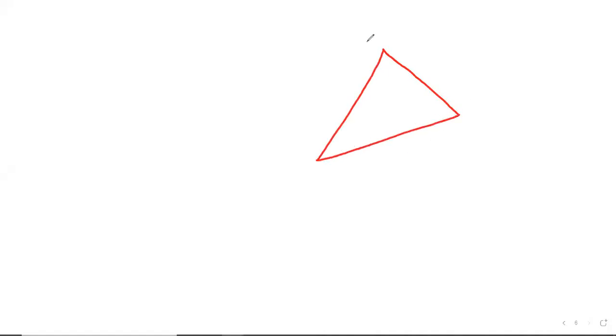Here is the triangle ABC. And the length of the median AX is 6. Here AX is 6 centimeters.